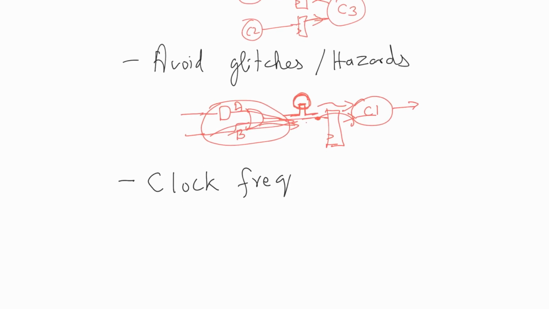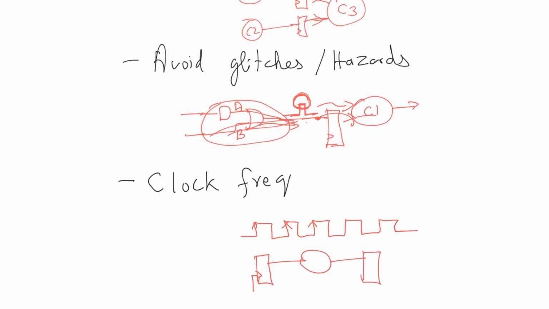D flip-flops also help us fix the clock frequency of the circuit. Clock is the signal that governs timing of your circuit, and when data is valid on the data path, when data is invalid, and so on. Because of flip-flops, your timing is very clear. Clock period is calculated based on the flip-flop through combination logic to the next flip-flop delay.